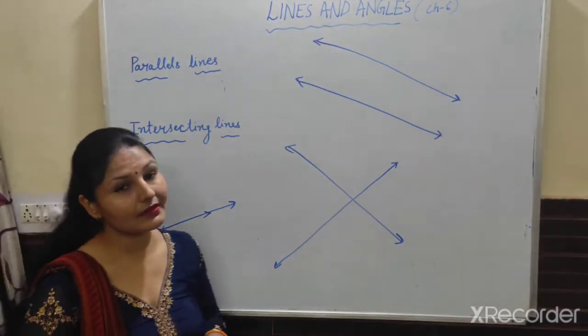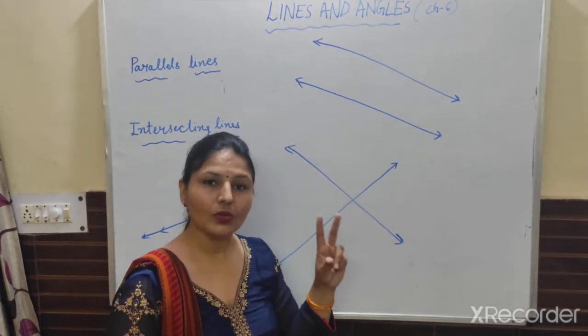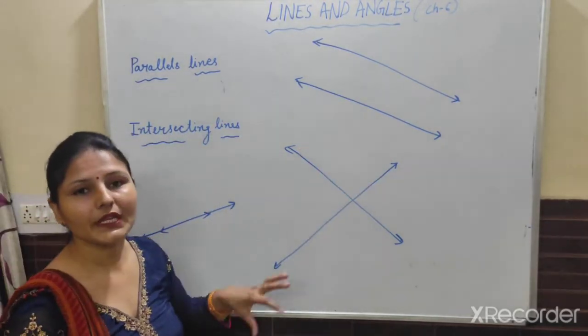How many possibilities are there? There are three possibilities to draw two lines on a plane surface, on a page.